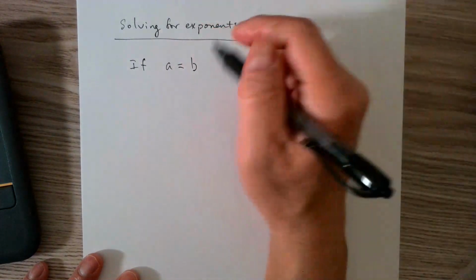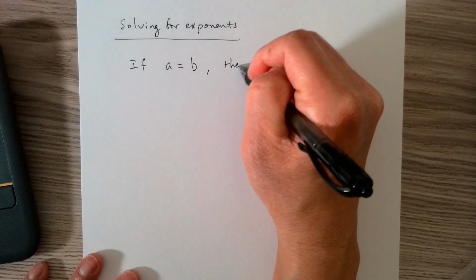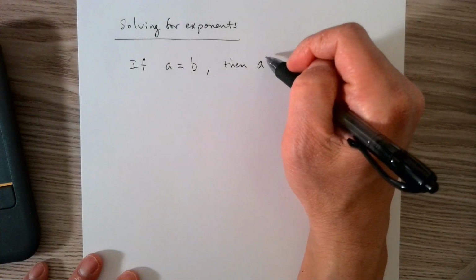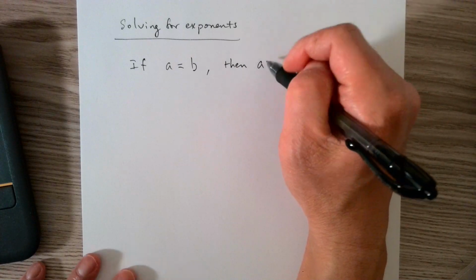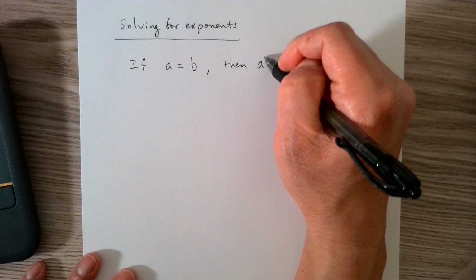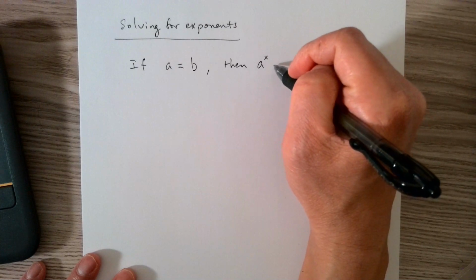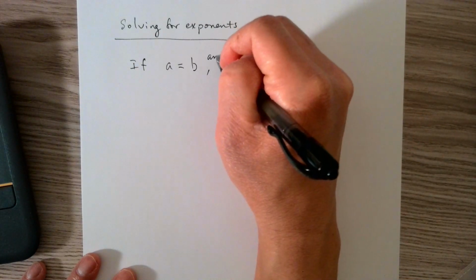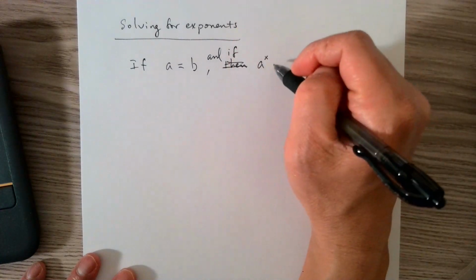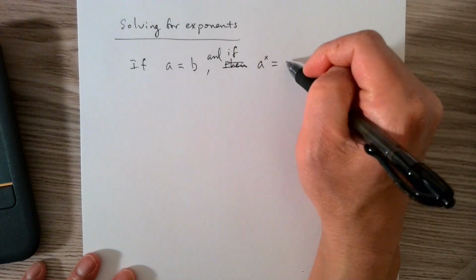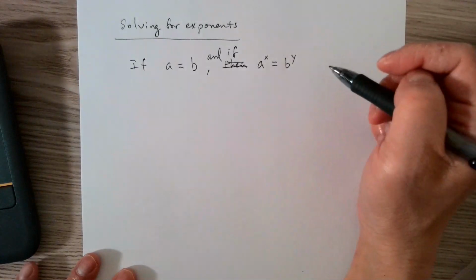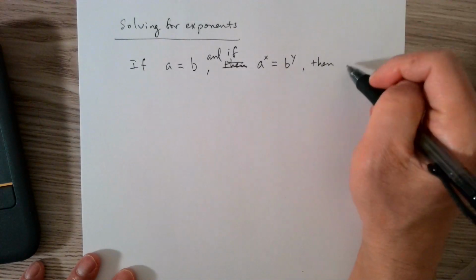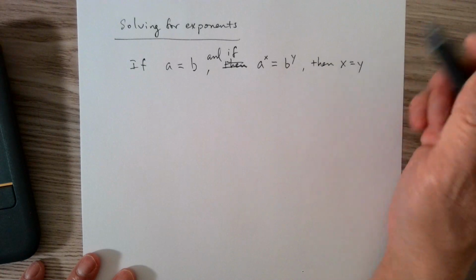If A equals B, and if A to the x equals B to the y, then x must equal y.